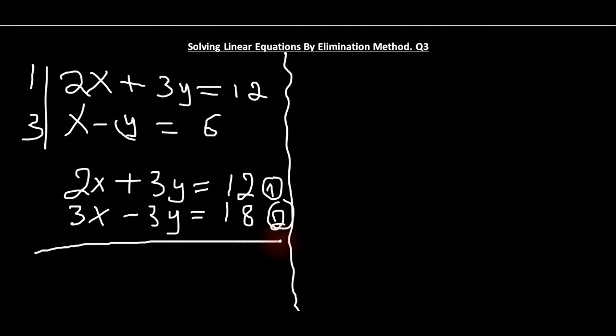By adding these equations together, we are going to have 2x plus 3x is 5x. 3y plus minus 3y is going to cancel out, and we are going to be left with 12 plus 18, which is equal to 30.